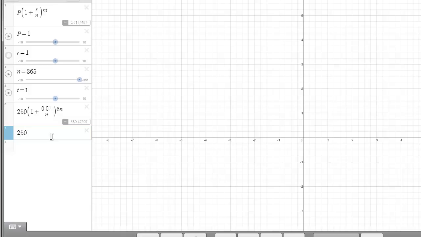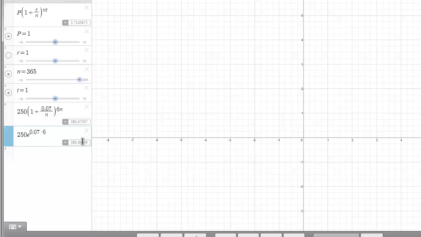So let's just actually put that in. 250 times e raised to the r, which is 0.07 times 6.